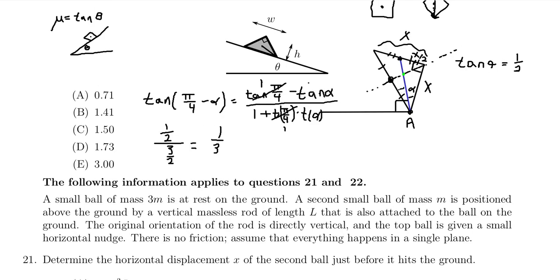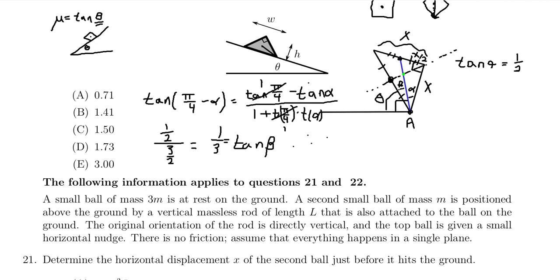And so what we want to find is theta. I'll call this angle beta, so this is tangent of beta. And we want to know what the tangent of theta is, because tangent of theta will give us our minimum static friction. So we want tangent of 90 minus beta, and that is equal to 1 over tangent of beta.